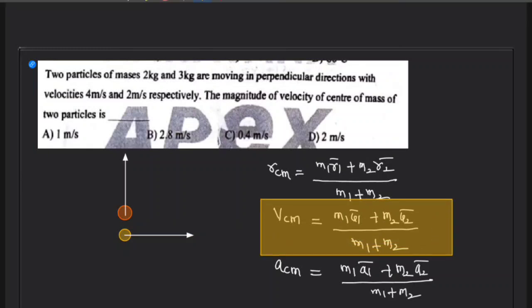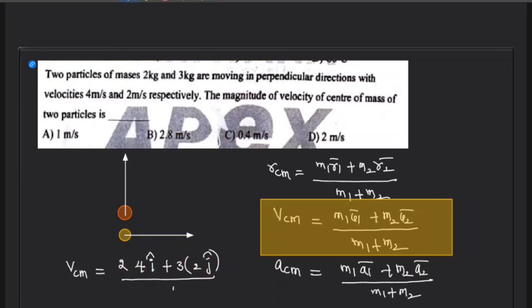So let me solve this first. V_CM is equal to, what is this M1 value? 2. So 2 into 4 i cap plus 3 into 2 j cap, by 2 plus 3, which is 5.